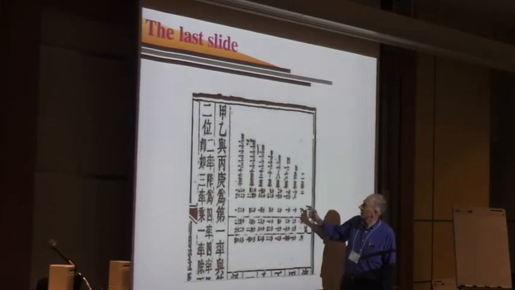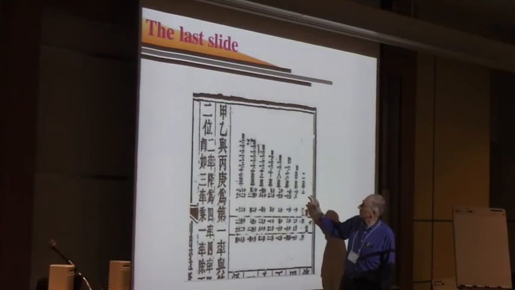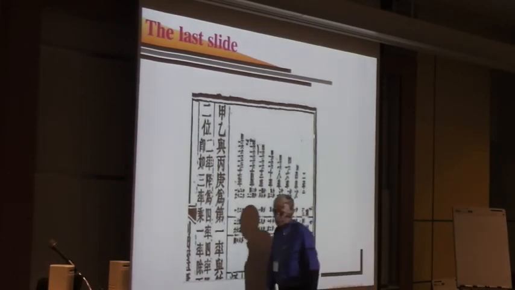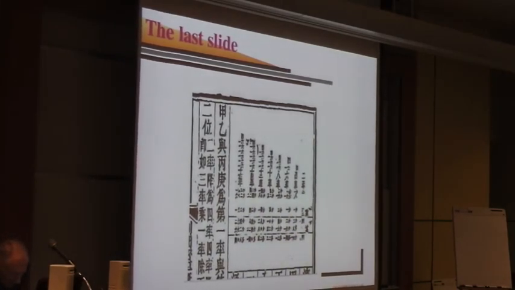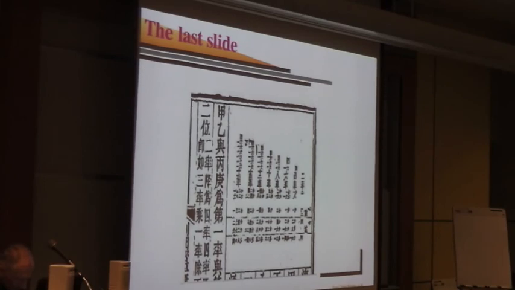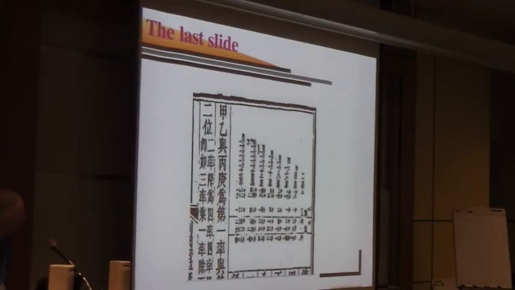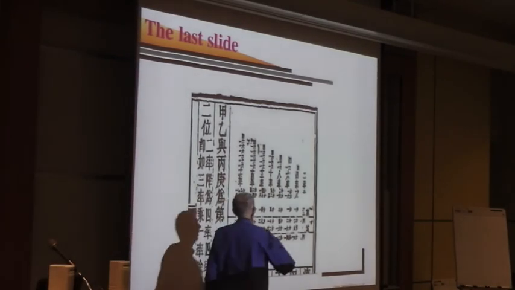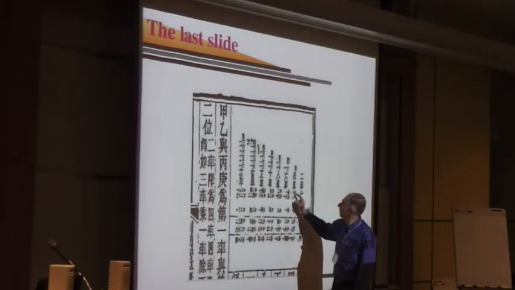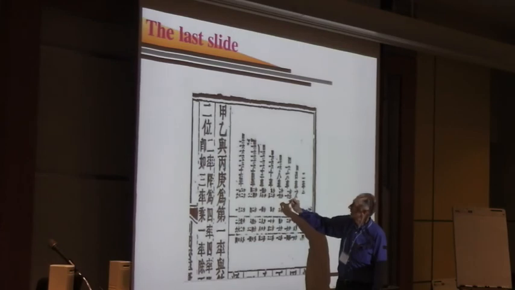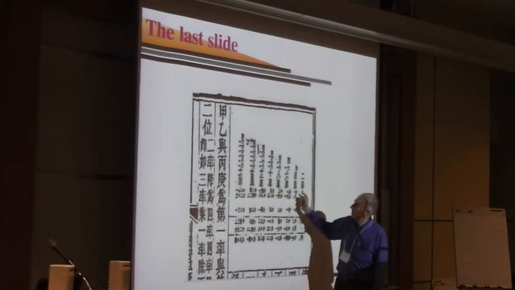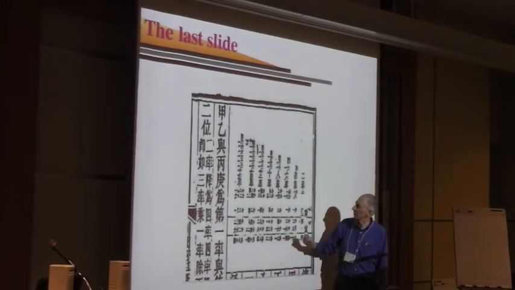And the Catalan numbers appear exactly in this column. 1, 2, etc. So this is where the Catalan numbers appear.